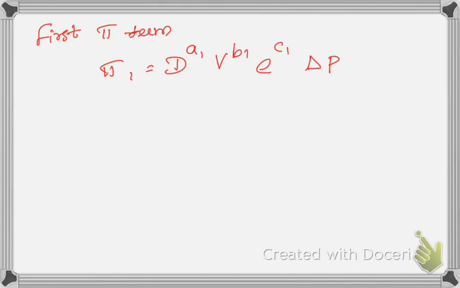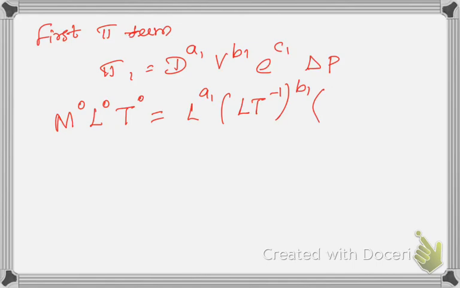So pi term is a dimensionless term. So it is M^0 L^0 T^0, and D is L^A1, V is L T^-1 to the power B1, rho is M L^-3 to the power C1, and del P is M L^-1 T^-2.